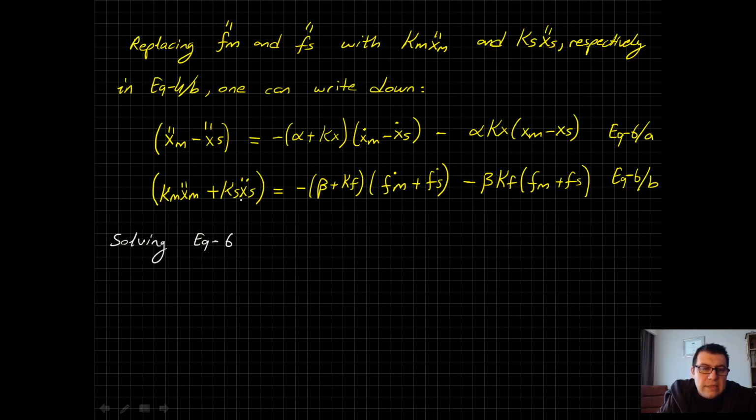So minus ks xs double dot plus ks xs double dot will cancel each other, and you'll have some coefficient multiplying xm double dot being equal to something on the right hand side. So from this you can extract x master double dot. Similarly, if you change the signs and make a similar operation, you can acquire xs double dot. So that's what I refer to when I say solving equation 6.